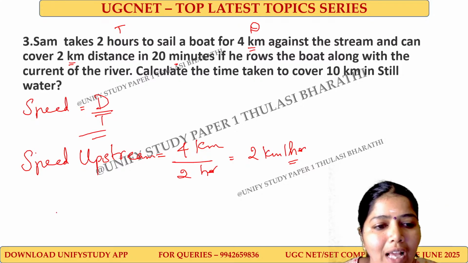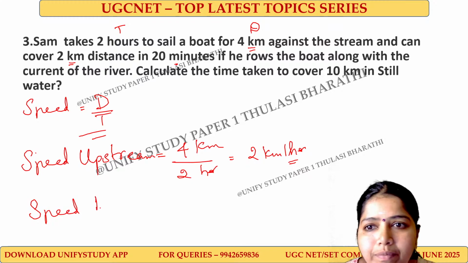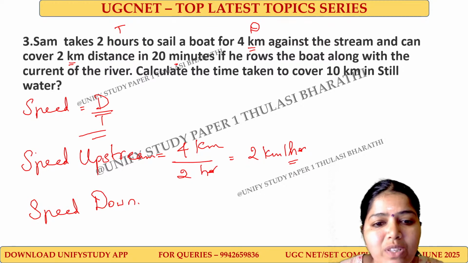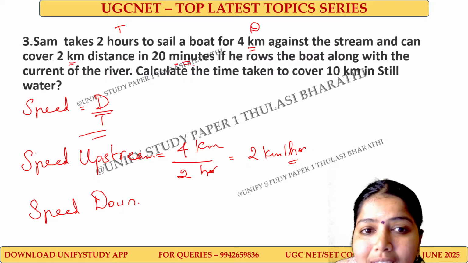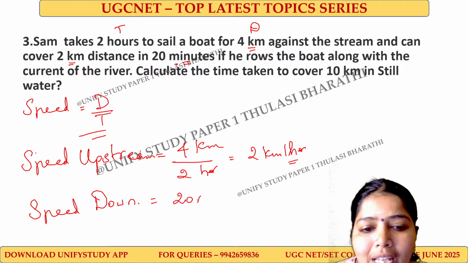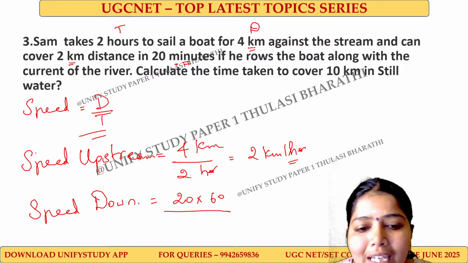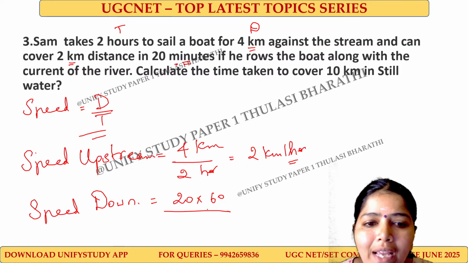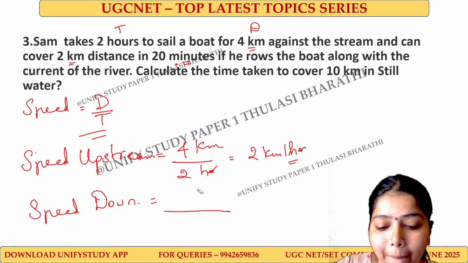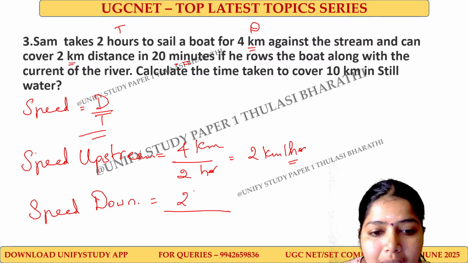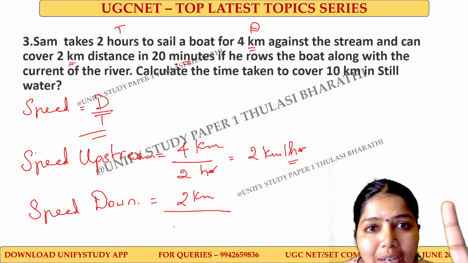Similarly, we have to calculate the speed of the downstream. Along with the current of the river means downstream. But there is a small twist here. They have given the time in minutes.